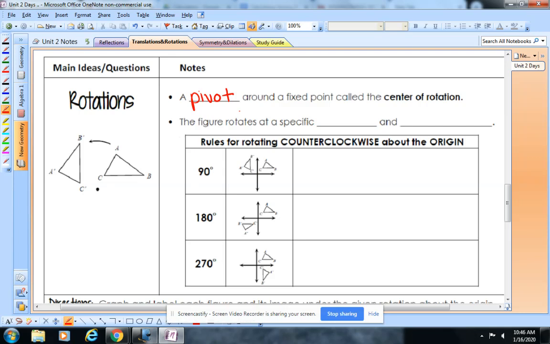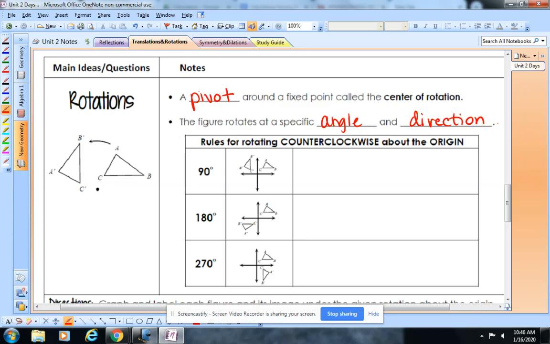All right. So the figure rotates at a specific angle and direction. So when you're pivoting, you're going around a circle. So we usually call those clockwise and counterclockwise rotation. Now, I don't have a regular clock. I have a digital clock. But y'all know what clockwise rotation means, right? The direction of the numbers of the clock.